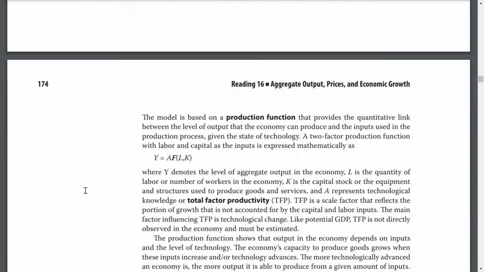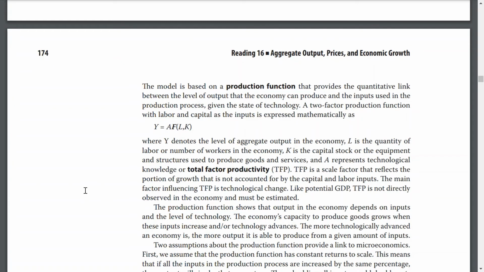The models are based on the production function that provides the quantitative link between the level of output an economy can produce and the inputs used in the production process, given the state of technology. A two-factor production function with labor and capital as inputs is expressed mathematically as such.